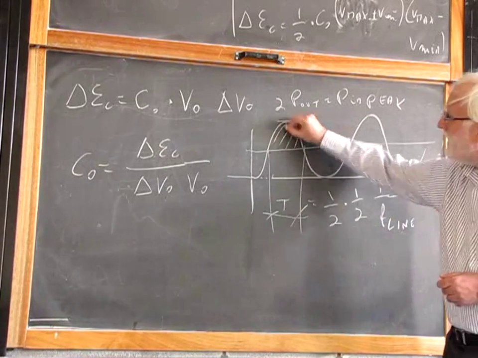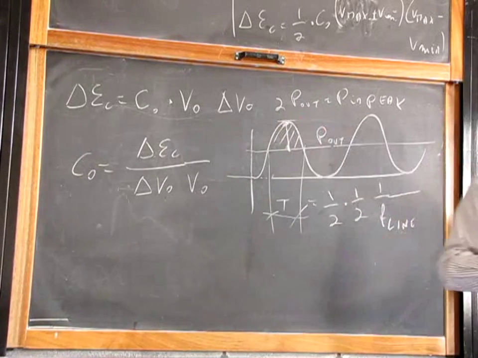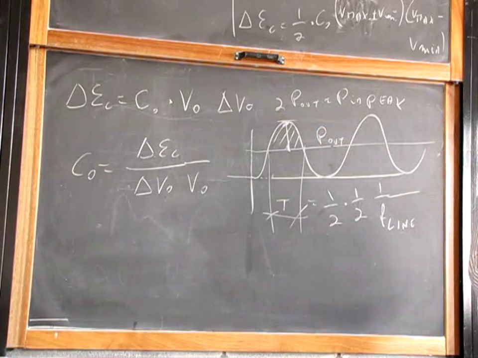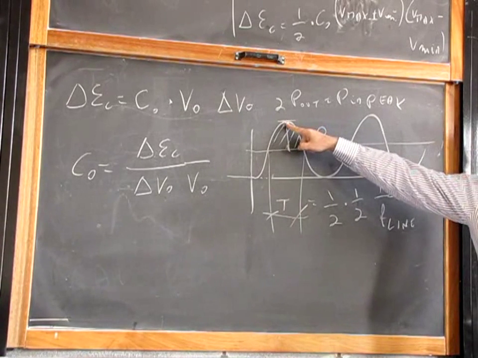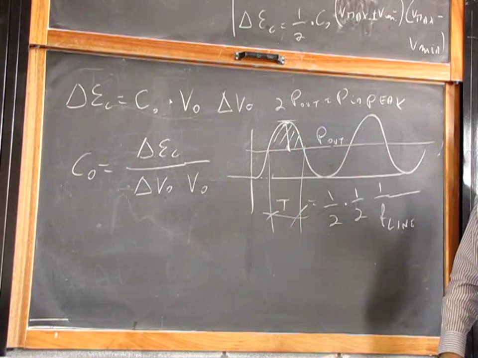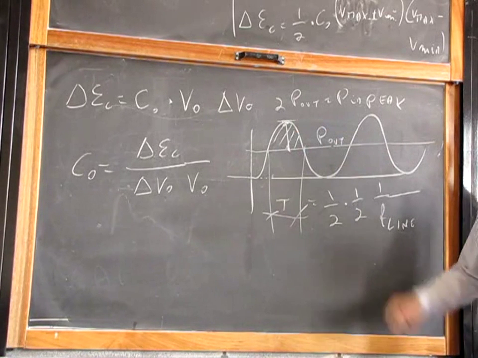How much is this height? We have to compute the instantaneous power, the current times the voltage. This is instantaneous power. What is it? P out multiplied by 2.